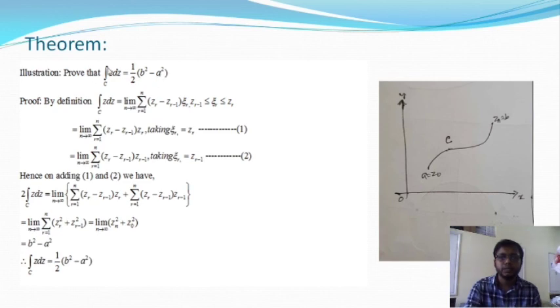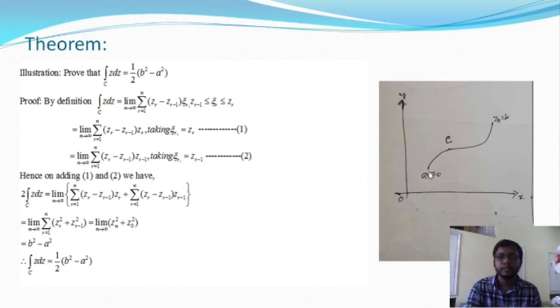This curve lies in the closed interval a comma b. That means the beginning point of the curve is a and the end point is b on the orthogonal plane. So here is the curve C, and this is a moving curve. The beginning point is a and the end point is b.